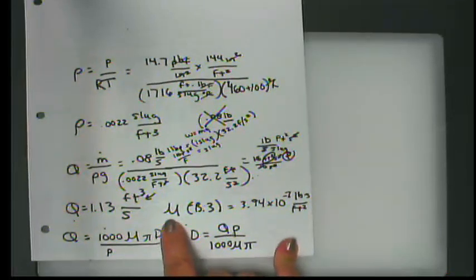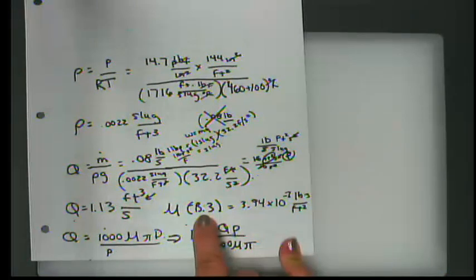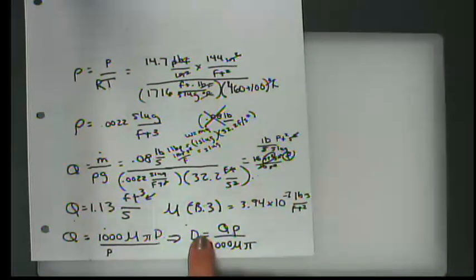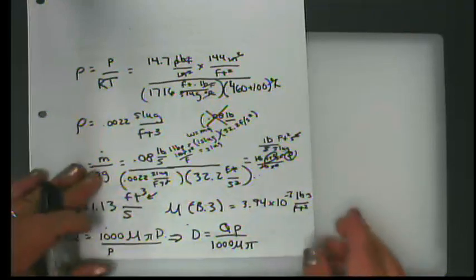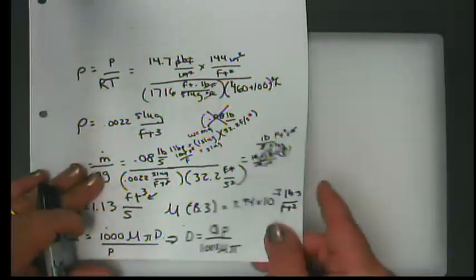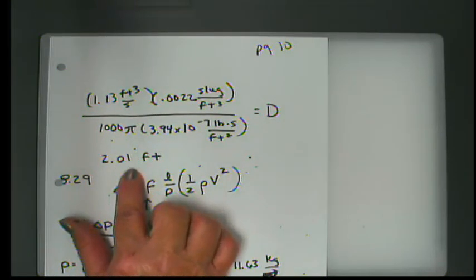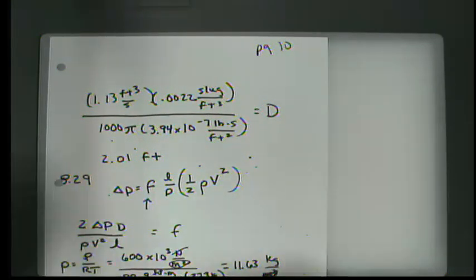So I find a value of the viscosity of air at 100 degrees in table B3 of my textbook, and here's that value. And so I can compute Q, or I can find out, I know that Q is equal to this, and I can solve that equation for D, which is what I'm looking for. All right, so then I just plug in my values, and I come up with 2.01 feet.